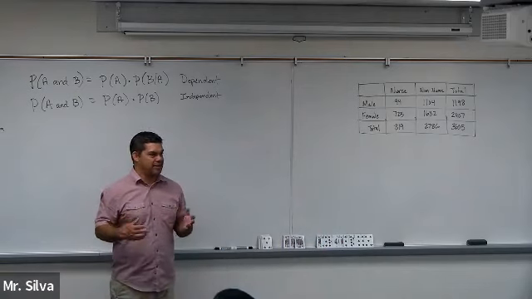Find some probabilities and use these probabilities to come up with some stuff. Okay, so I'm going to answer a bunch of questions about this information. And this is very similar to what I do on a quiz, what I do on the test. Given some data, answer some questions about that data.